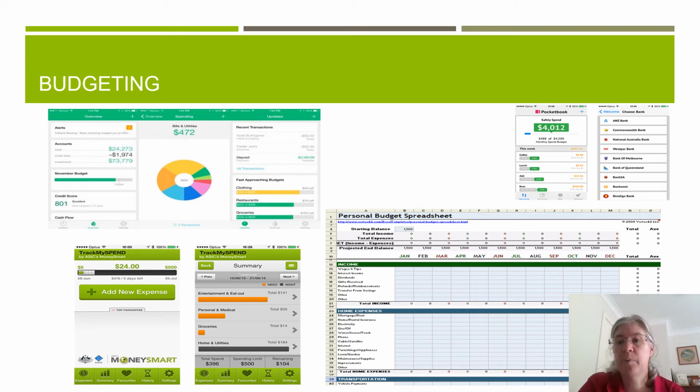So here's Pocketbook, or you can look on the web for places, or you can go to good old Excel. I've tried a few different apps and things, but I have to say in the end, Excel won. Excel's got templates in it, so you can try out the templates, or you can just write your own and then it's personalized. The important thing is to get started and start tracking what's happening.